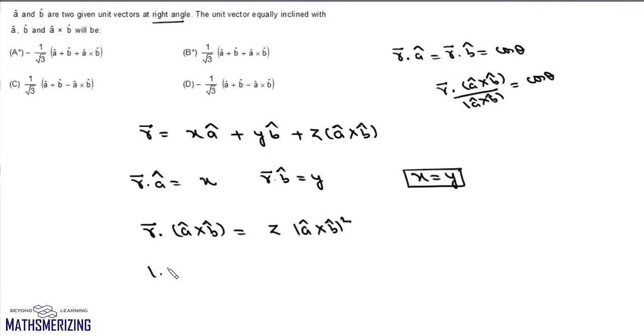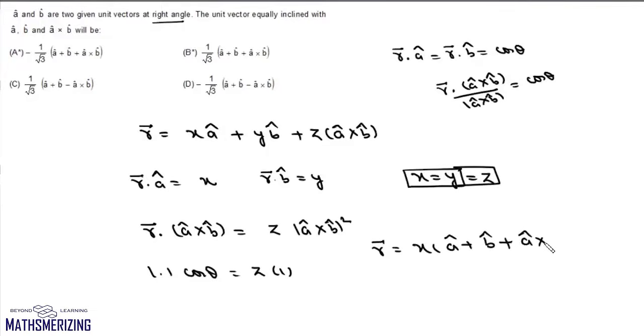So it will also be 1 into cos theta, and this is Z, and A cross B is again 1. So that means Z is also equal to cos theta. So from here we get the condition that X equals Y equals Z. So this R is actually X into A cap plus B cap plus A cap cross B cap.